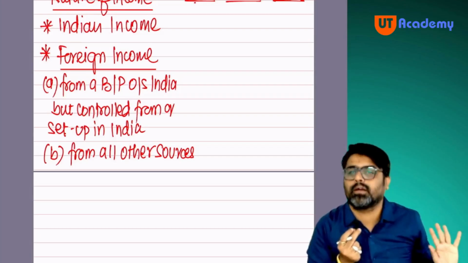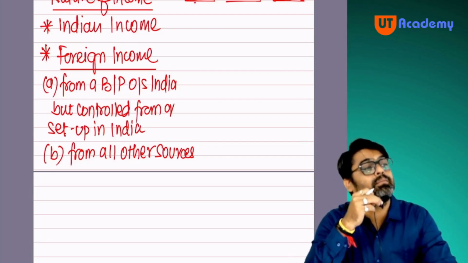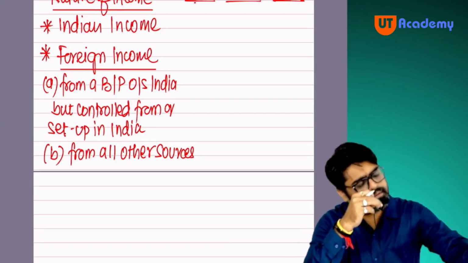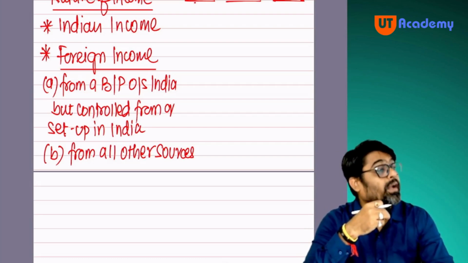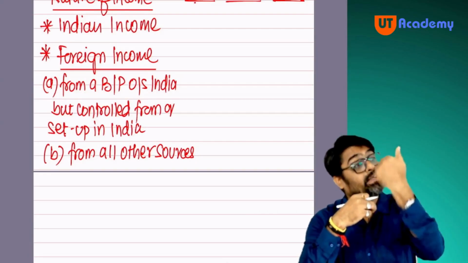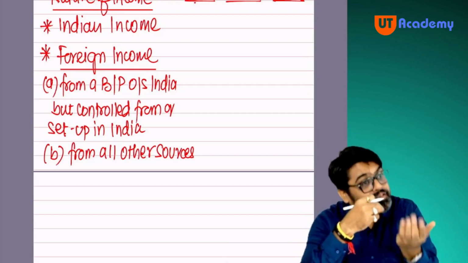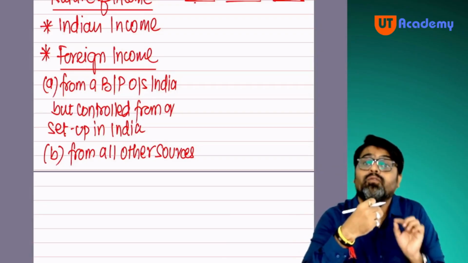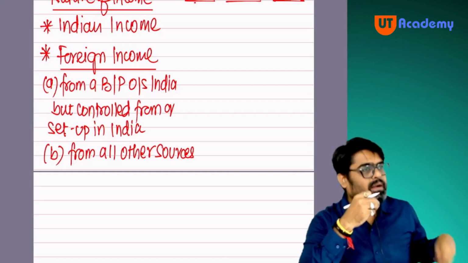Income can be Indian income, or it can be foreign income from a business or profession which is outside India but controlled from India or set up in India. That foreign income will be covered by part A. Any other foreign income will be covered by part B.